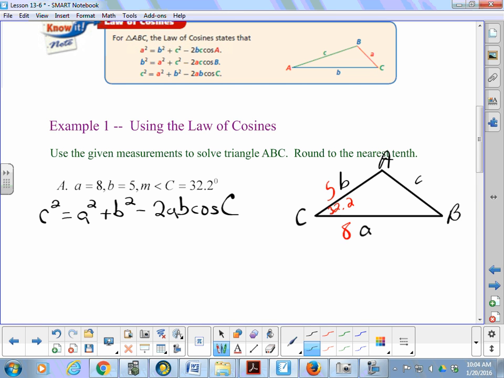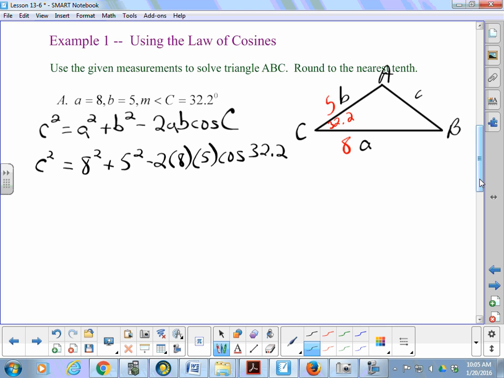And then we just plug in what we know. a is 8, b is 5, and I can just plug that right into my calculator just the way it is.